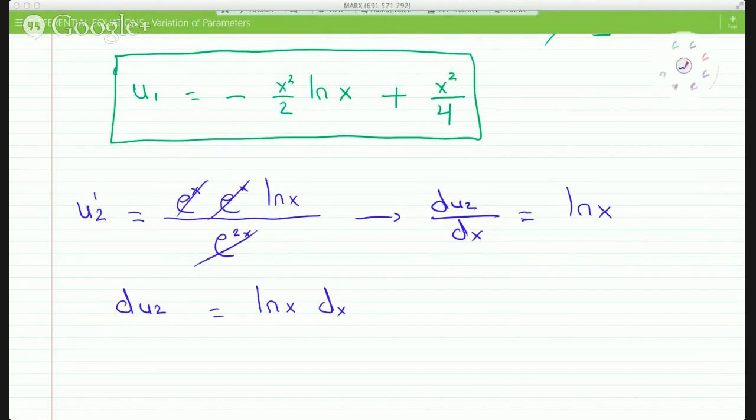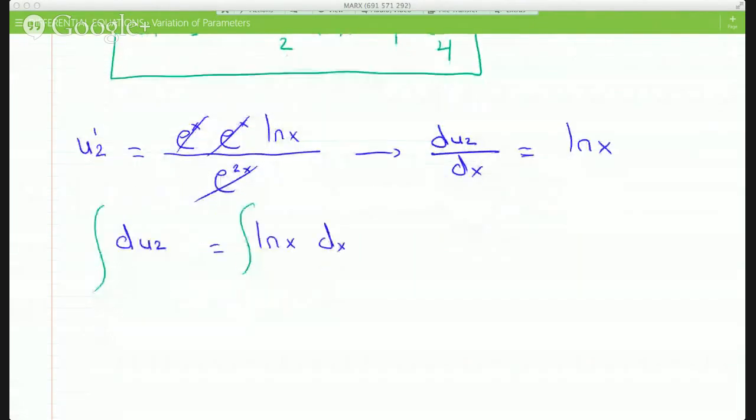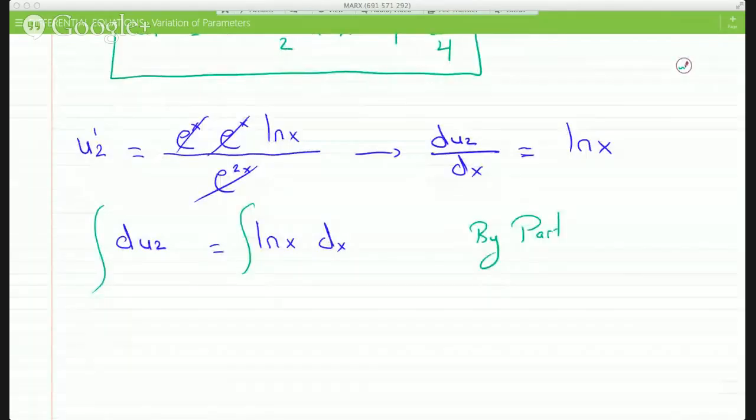You know how to integrate this? Again, by parts. You don't know the integral of ln x unless you memorize the formula. So by parts. Of course, ln has to be the u. You can't call it the dv because the point is to integrate, and if you call it dv, you'd have to integrate it, which is the problem.